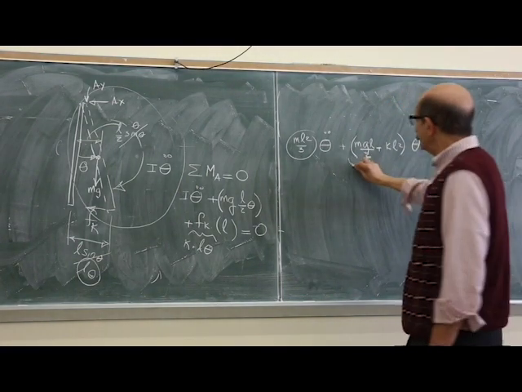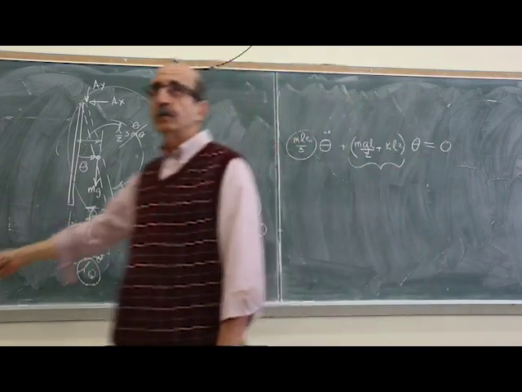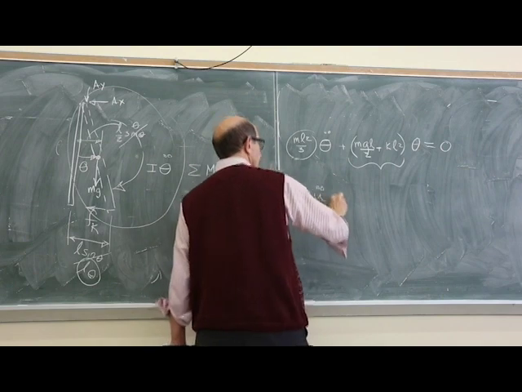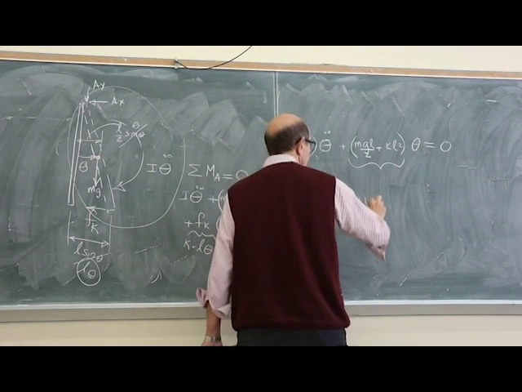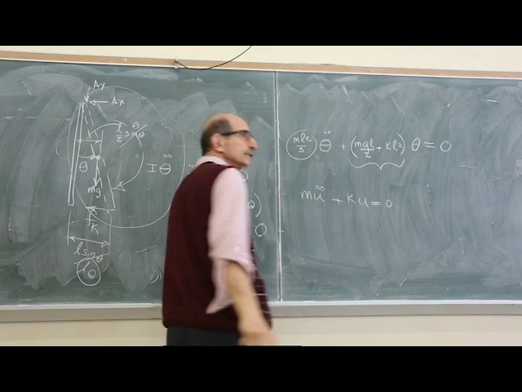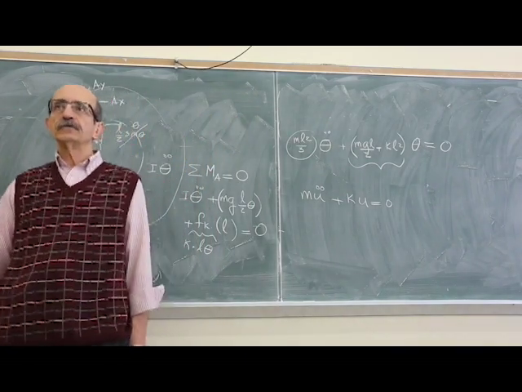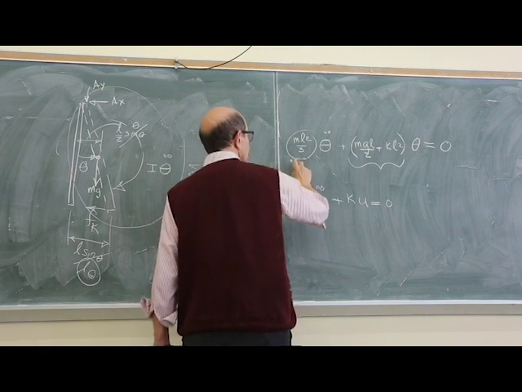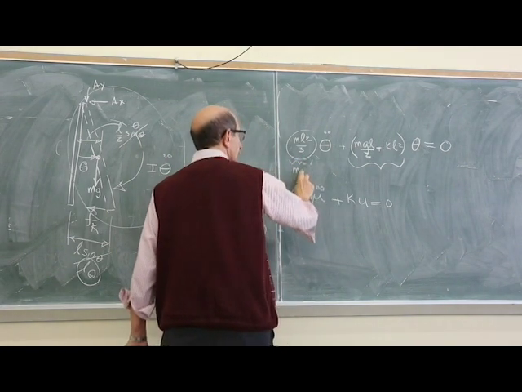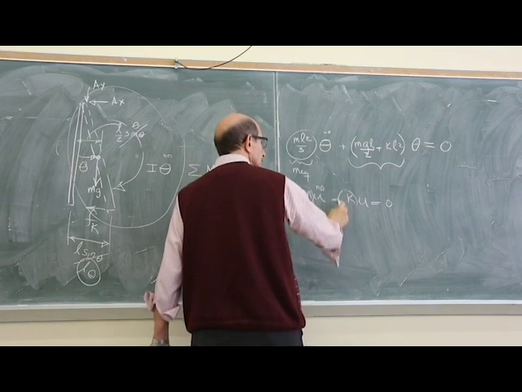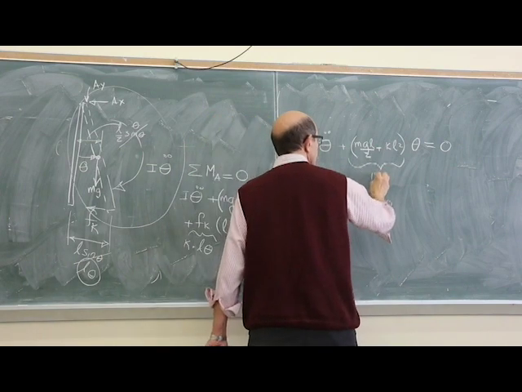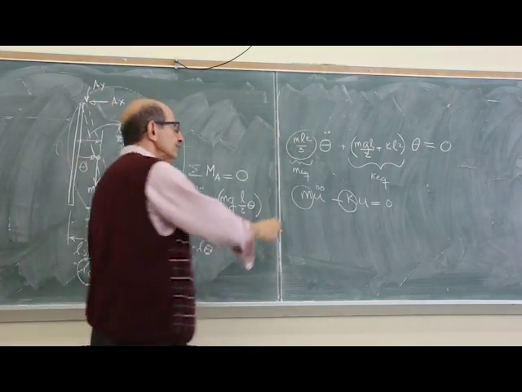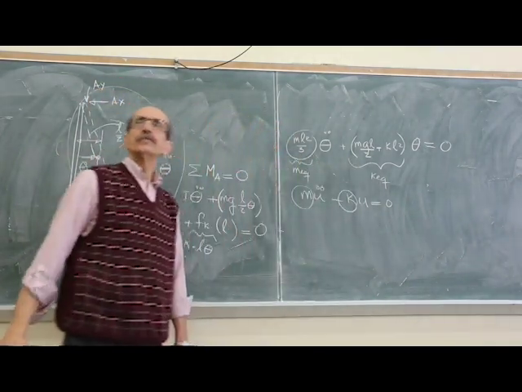So once you set up the equation of motion, you compare that with the general form that we have for the vibration of a single degree of freedom system. Whatever is the coefficient of the acceleration term is your m equivalent, and whatever is the coefficient of the displacement term is the k equivalent. So that is your equivalent system.